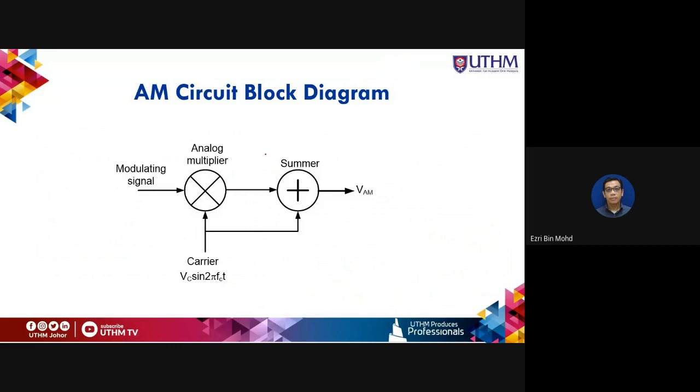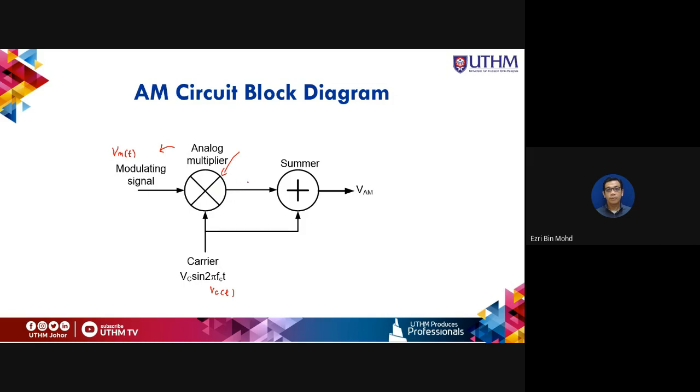This is a simple illustration of an AM circuit block diagram. Here is vm(t), our modulating or information signal. Here is the carrier signal vc(t). The amplitude of the carrier is varied according to the vm signal by means of the multiplier, this is the symbol of a multiplier.